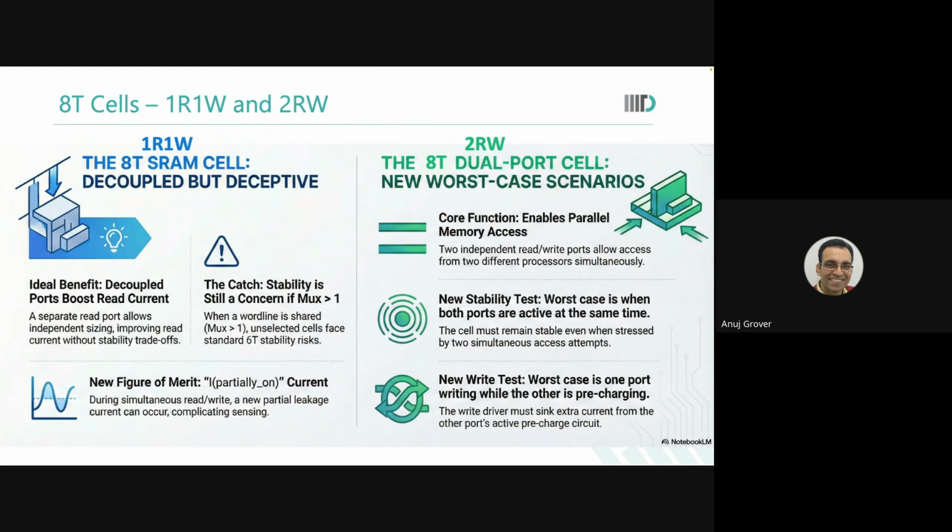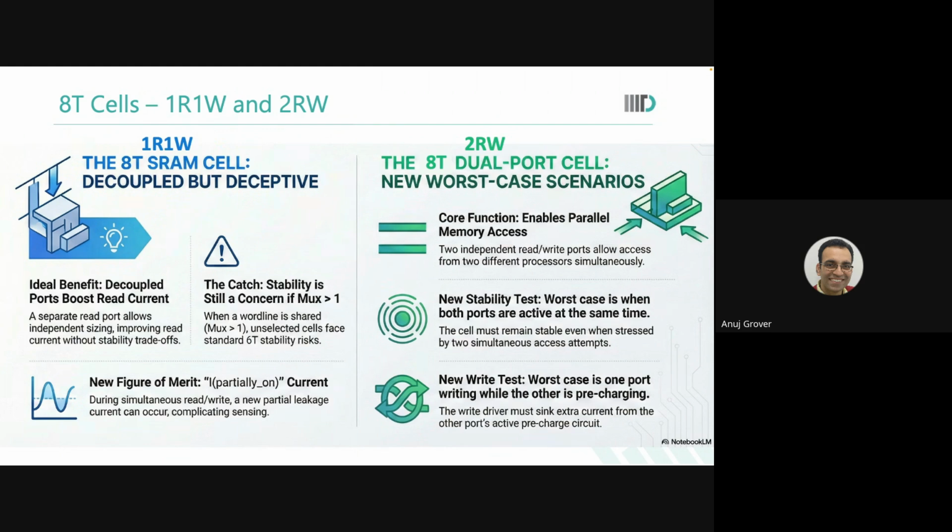When we looked at the stability curve earlier, we saw that because a Vx appears, the noise margin reduces. Therefore, there are clear constraints on how much we can size pass gate and pull down.